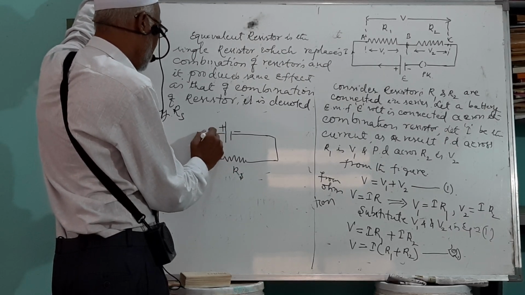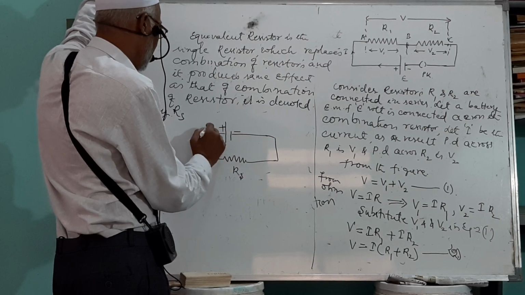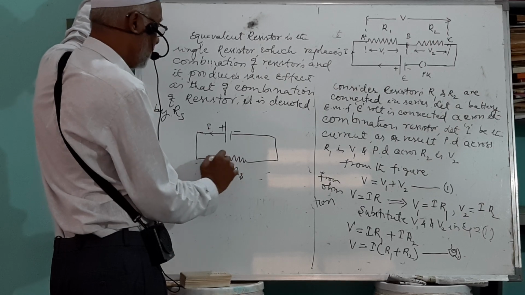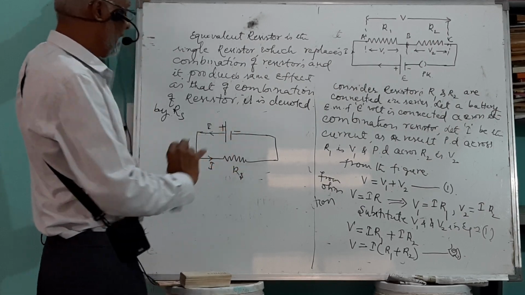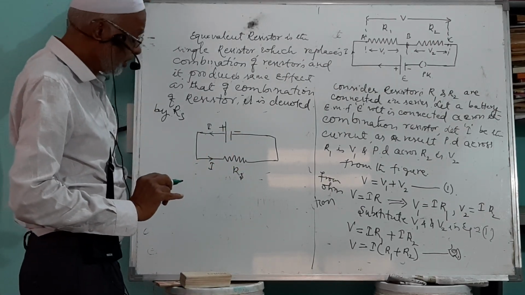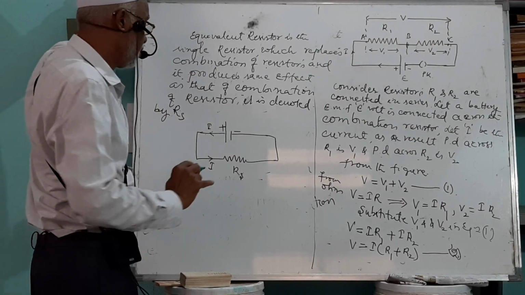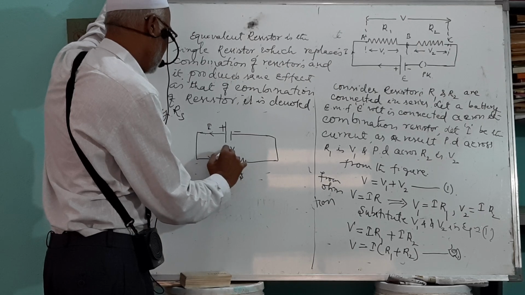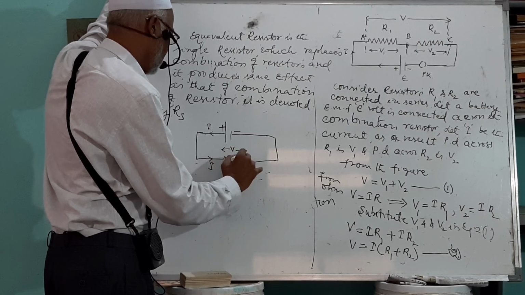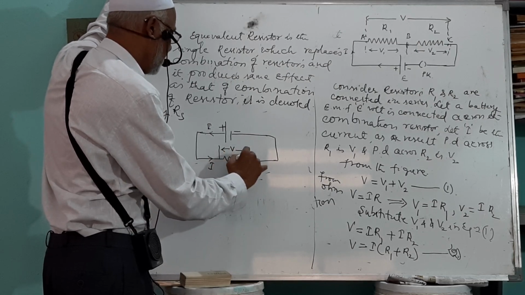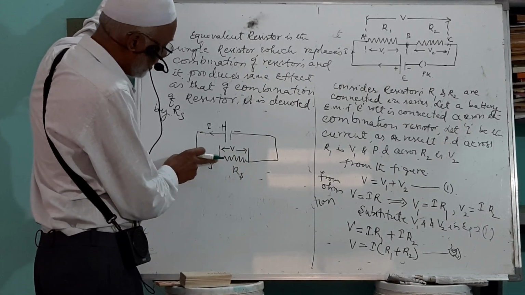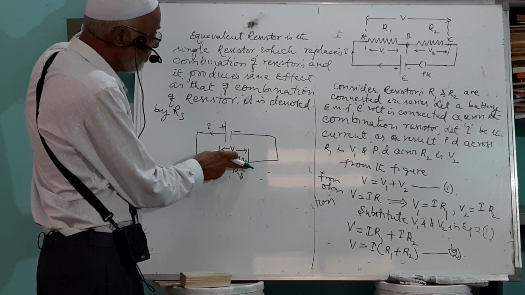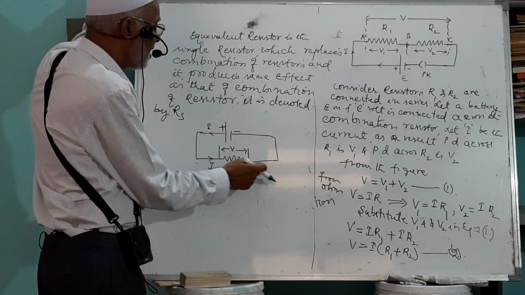The current flowing from the battery is I, and the same current flows through Rs. Whenever current flows through a resistor, a potential difference develops. So across Rs we have V. Whatever current enters from one end leaves from the other end of Rs.